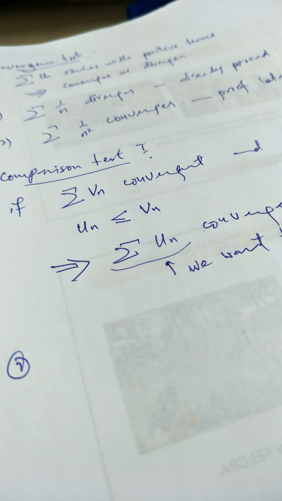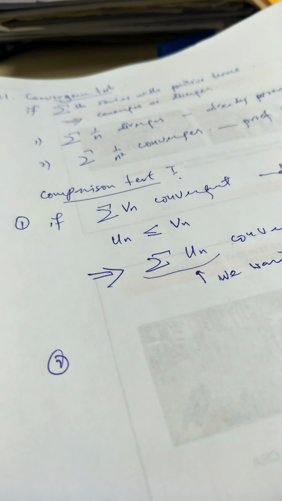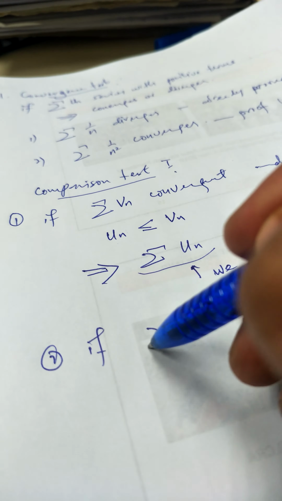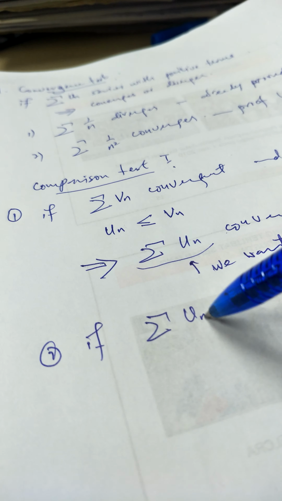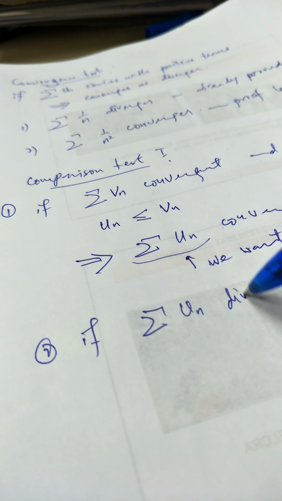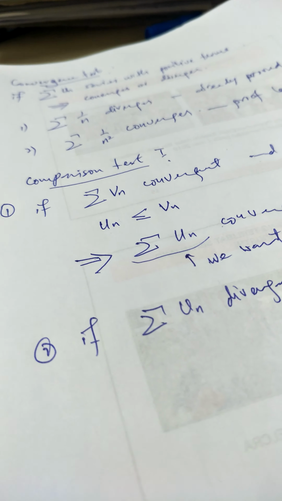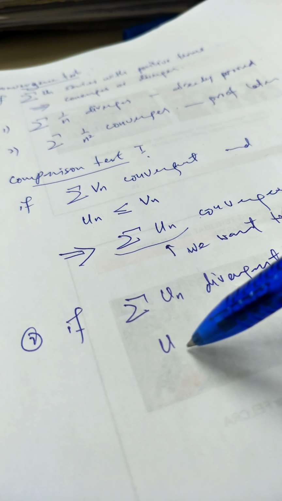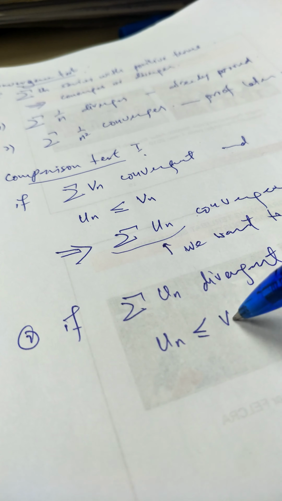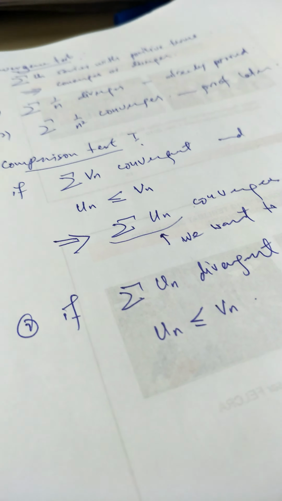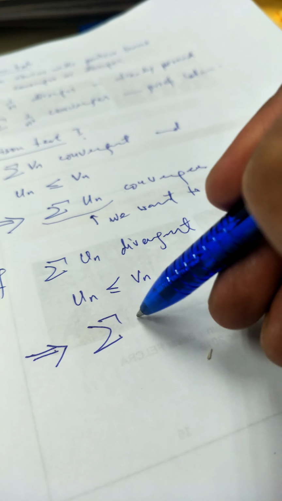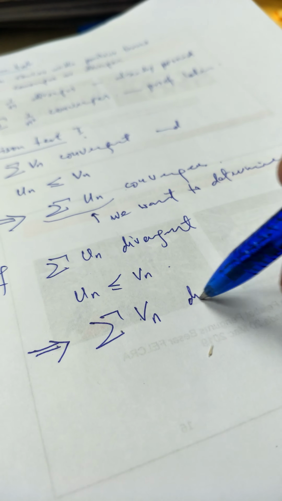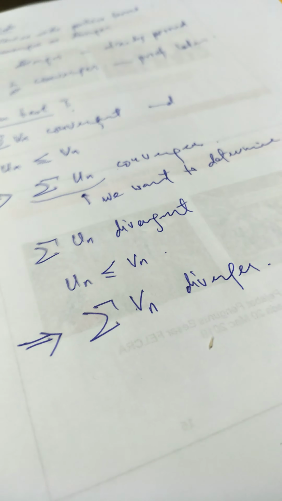The second case, if Un is a divergent series, and we have these properties, then Vn diverges.